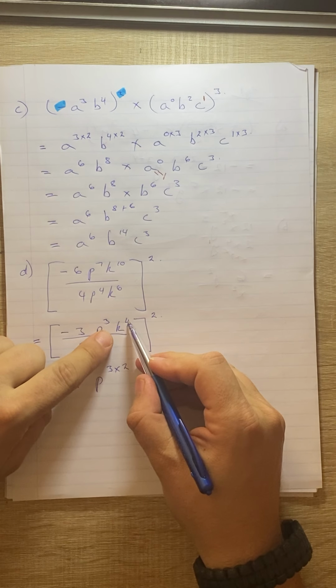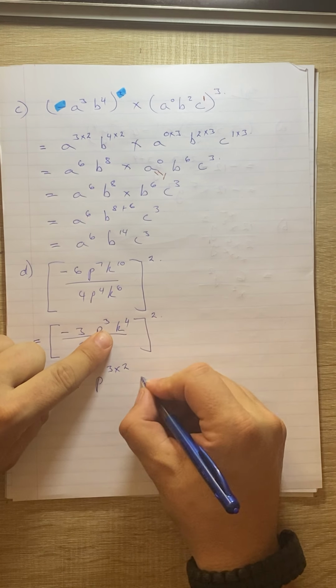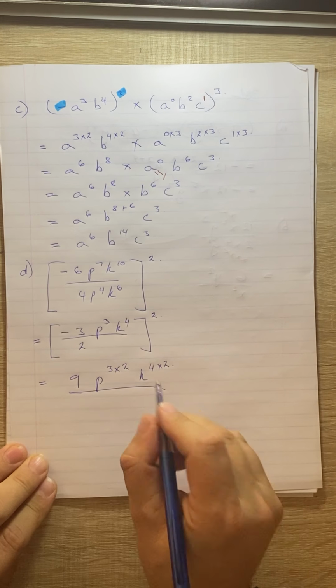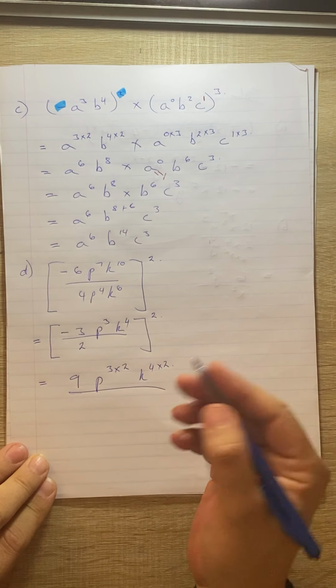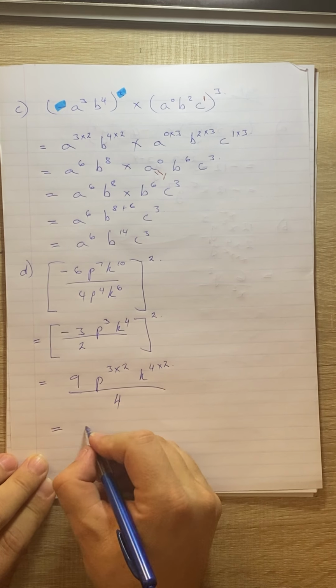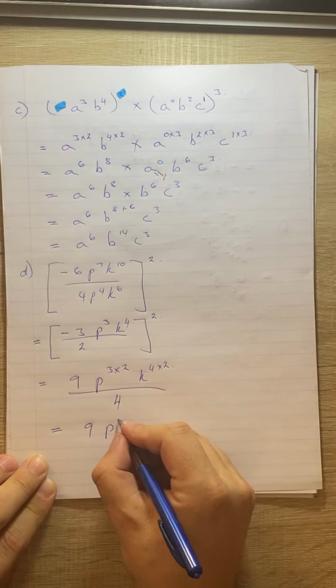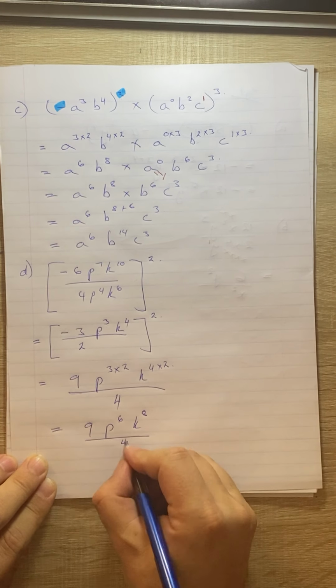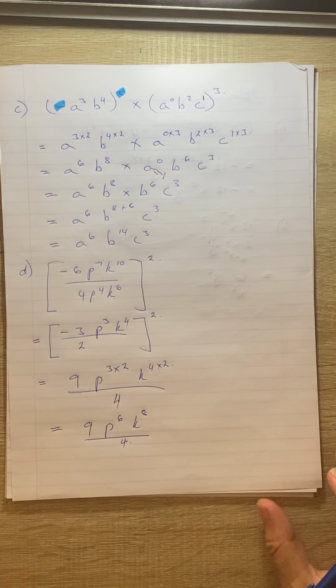Again, something to the power of something raised to another power, you multiply the exponents. All over. What is 2 squared? 2 times 2 is 4. I'm just going to simplify these exponents here. So that will give us 6k, that will give us 8 all over 4. And that is your final answer there.